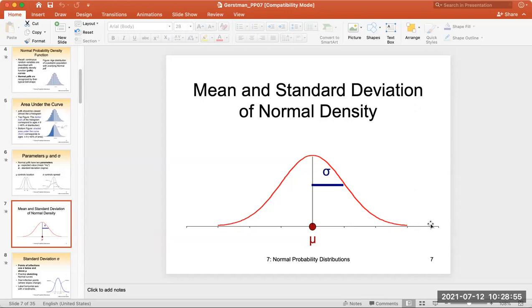Now to understand this one, let's say I'm going to, wait, okay. Let's say we have two populations, two data. Let me select this.